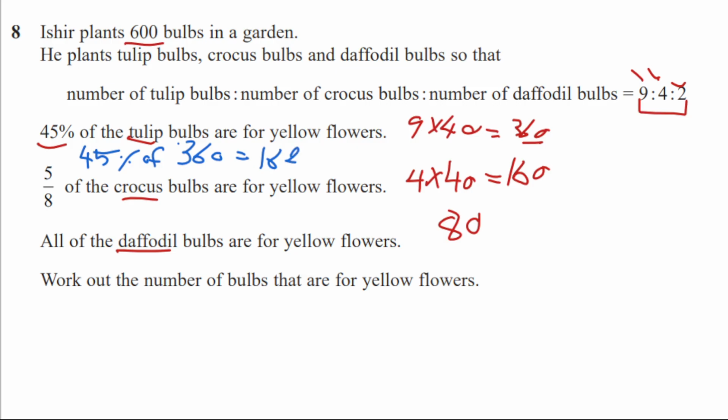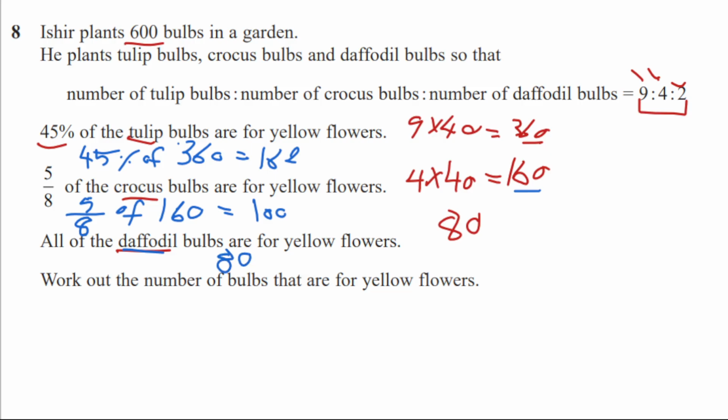And then we need to know what's 5/8 of the crocus, which is 160. Then we need to find 5/8 of 160. This is easy. 160 divided by 8 is 20, times 5 is 100, which is good. And finally, all of the daffodils are for yellow flowers, so it's 80.